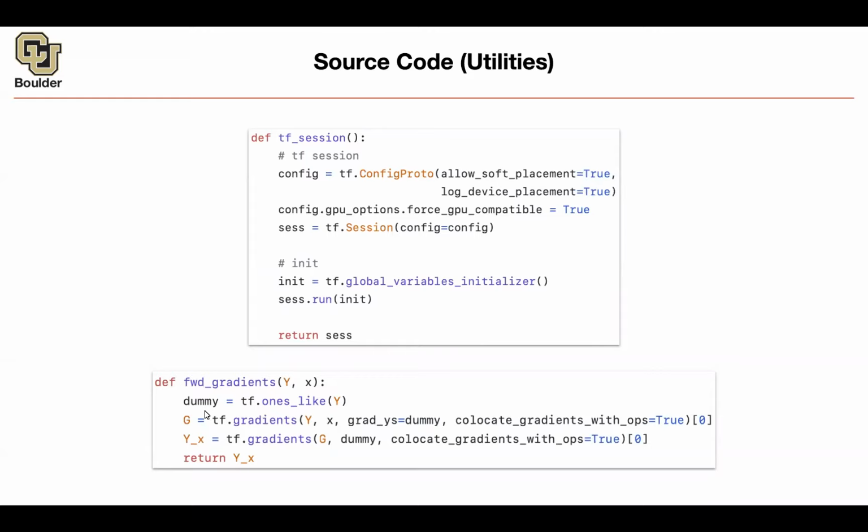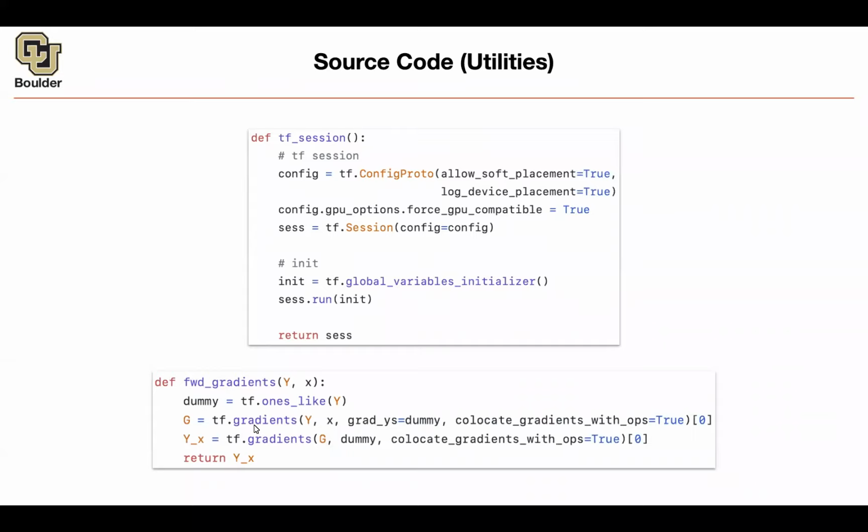But in our case, we were going from low dimension, maybe time, X, Y, and Z, to more variables: concentration, U, V, W, and P. So we had more variables at the output level. So there is this trick that you can use. You can do forward gradients by calling backward gradient twice.